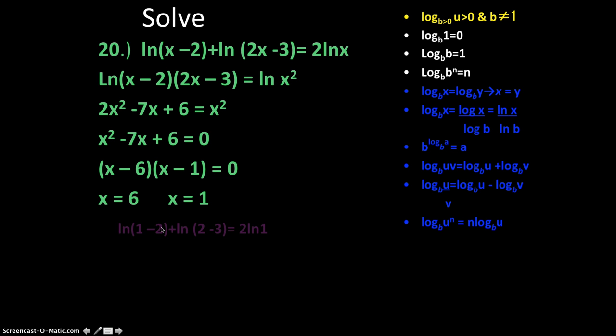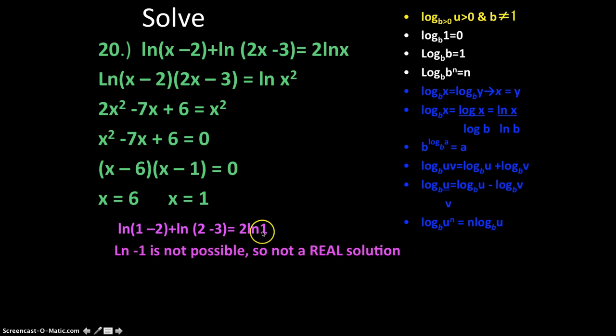There's a little problem here that we want to watch, and that is when we plug this in up above, you'll notice that this quantity right here becomes a negative 1. So does this one. And if you remember, according to this rule up here, that is not allowed. So that is not a real number, so it's not possible to get an answer there.